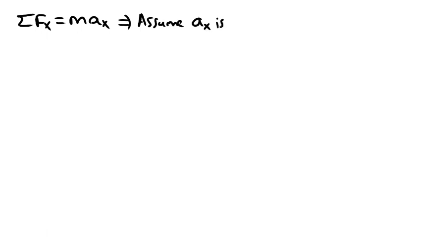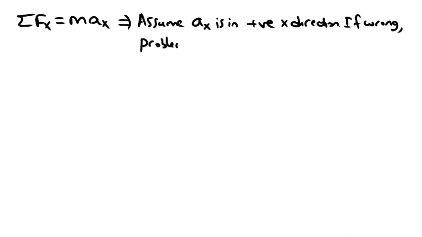Then we are going to write the force balance in the x direction. It will be m ax, and here I assume ax is in the positive x direction. If it is wrong, the solution will correct it. Then let's write the forces in the x direction.